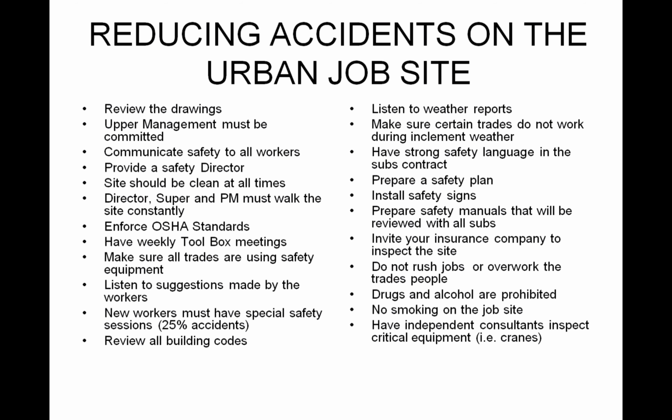Trips, slips, falls, getting caught between equipment and another spot, electrical hazards, things like that can all be easily prevented. And there should be an emphasis on just being able to recognize those and how to prevent those. But really, again, it starts with management has to be committed and to stress that all the way down.